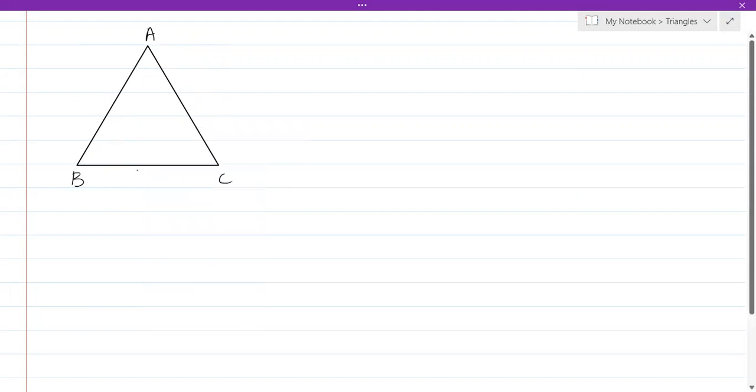Which means if I take this equilateral triangle to be of side a, all the three sides are the same. So all the three sides are of length a. So BC is also a. If D is the midpoint, the length will become a by 2, and this will become a by 2.